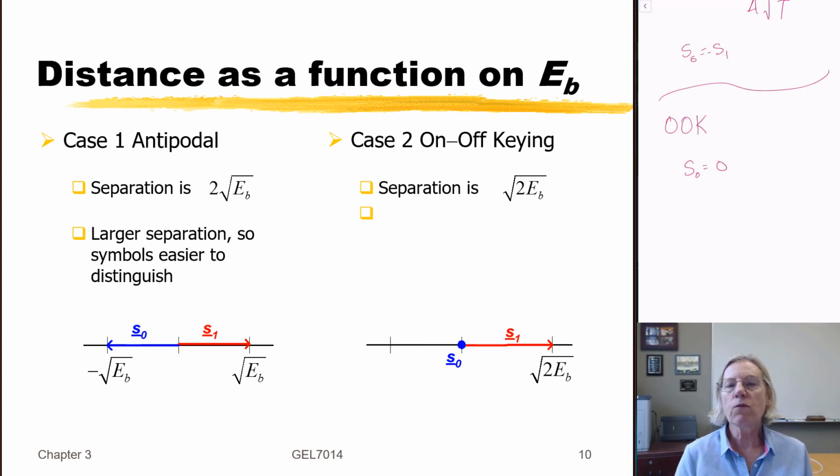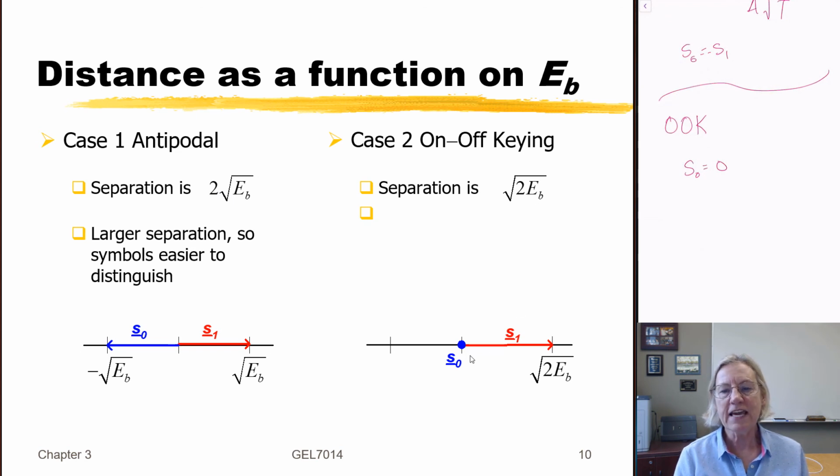So now let's look, what can we get from our geometric intuition for this system? We can see that if we look at the separation between these 2 points which represent the symbols, here's the symbol vector, this point represents where that vector points, and we can see that these two are separated by a distance of 2 times the square root of E_b.